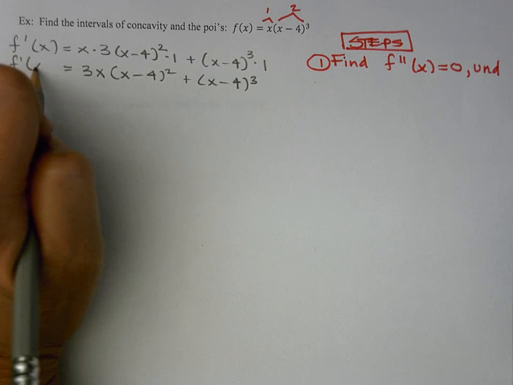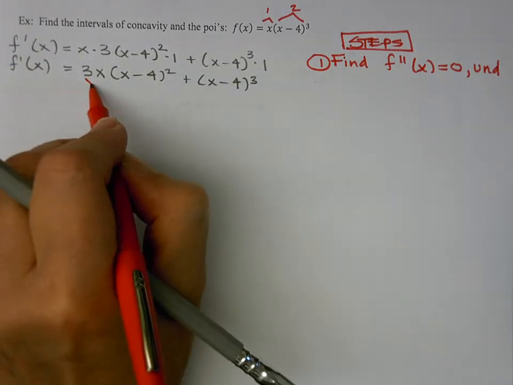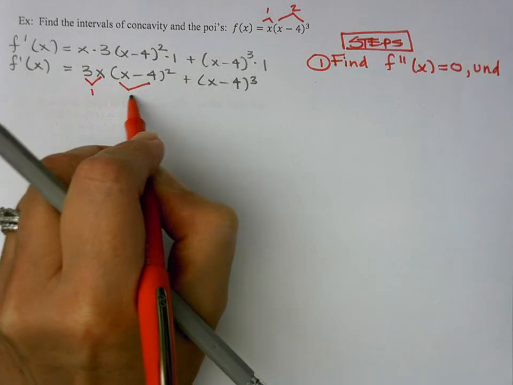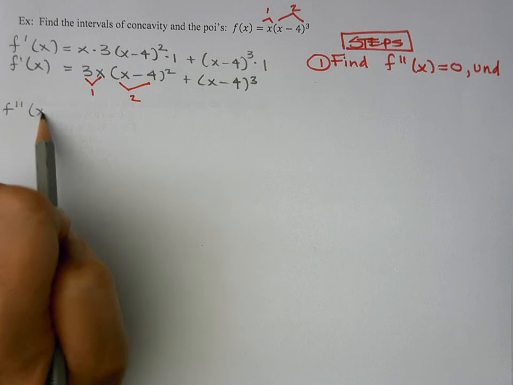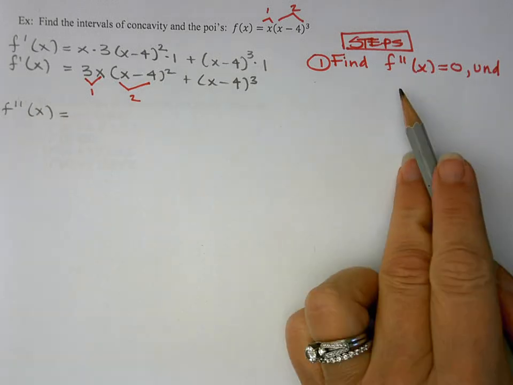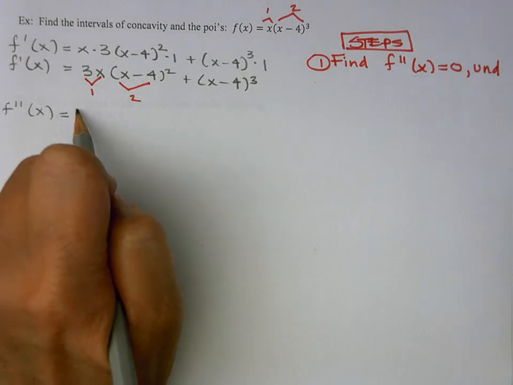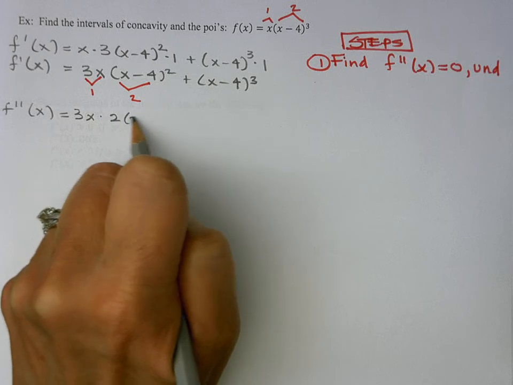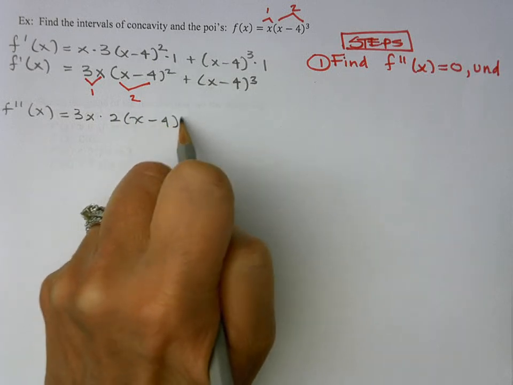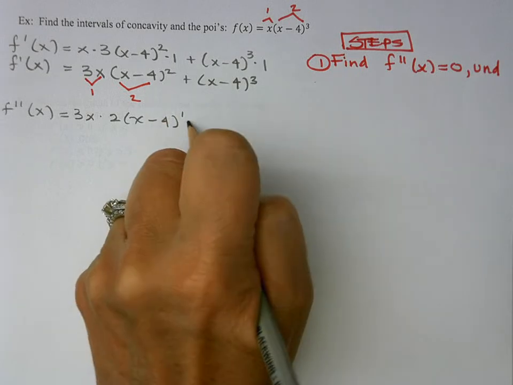I now need to find the second derivative. So I have to take this derivative again. I'm going to do product rule here, so this will be 1 and 2. So f double prime. I'm still just working on that first step. Okay, so we're going to do 1 d2, and the derivative of x minus 4 is just 1 again, so that will be just times 1.